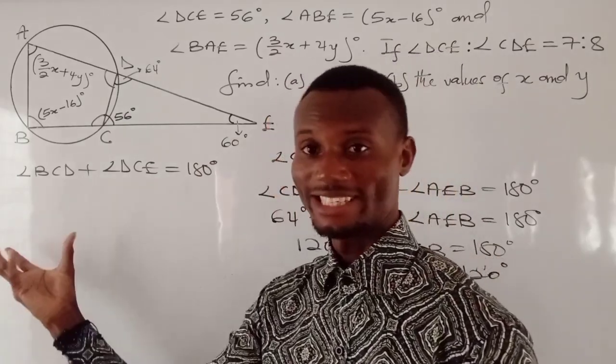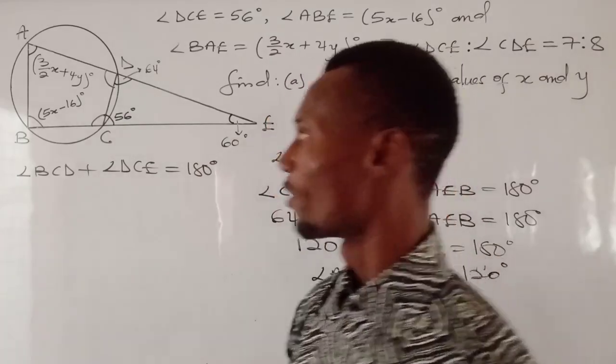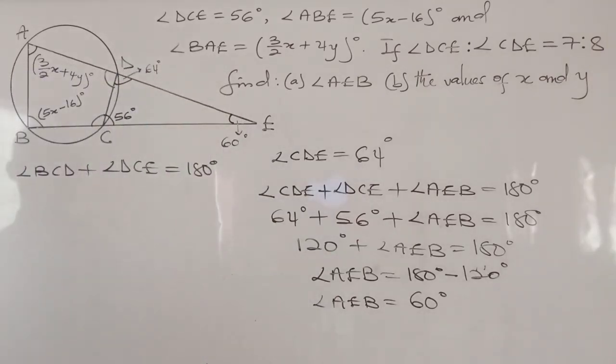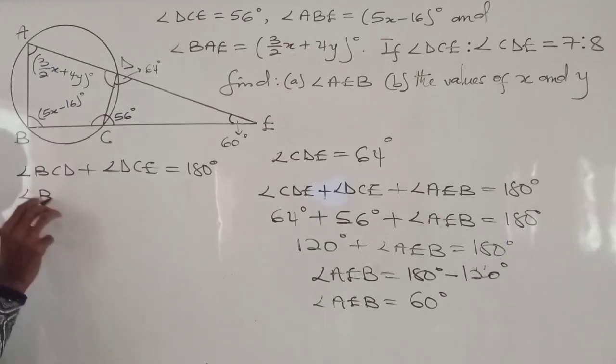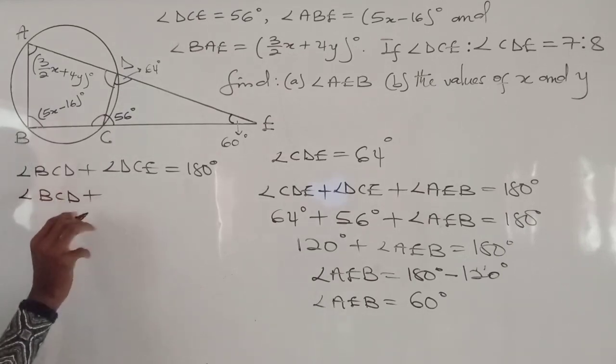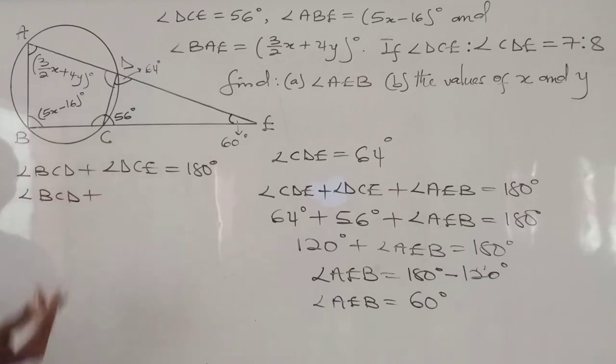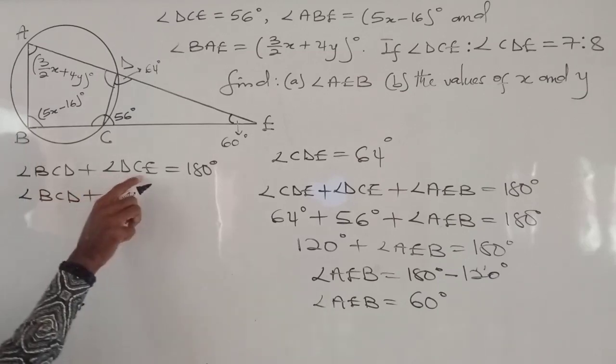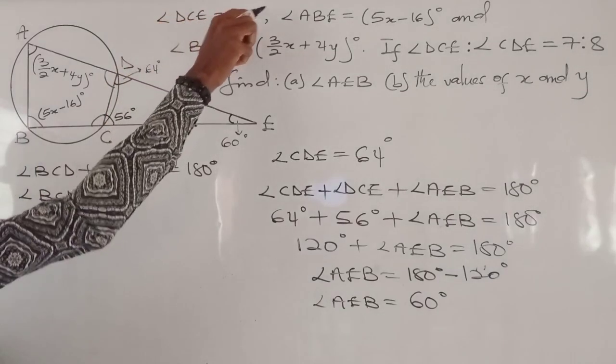So now let's input our values and solve for the angle BCD that we are looking for. We don't know this angle, that's what we are looking for. So I'll repeat: angle BCD plus the angle DCE. We know its value. Angle DCE is given to be 56 degrees.